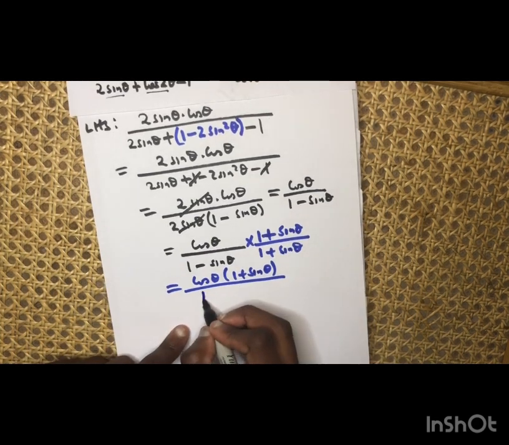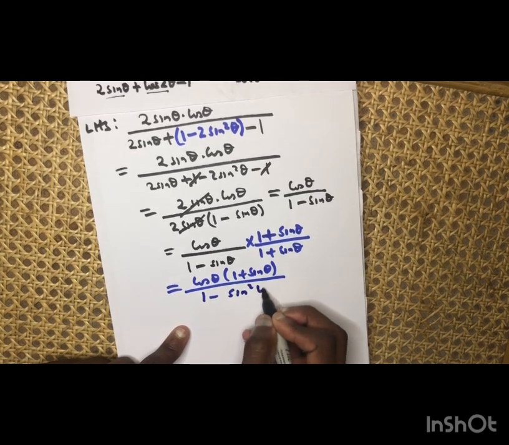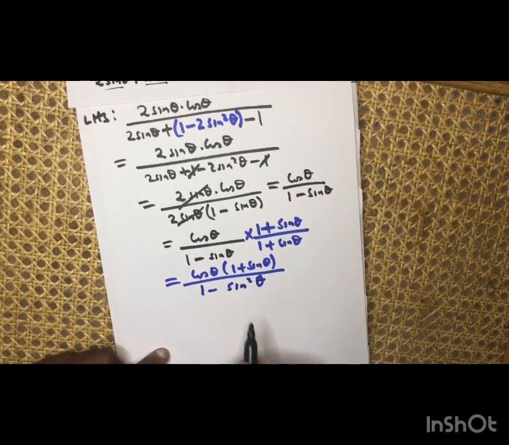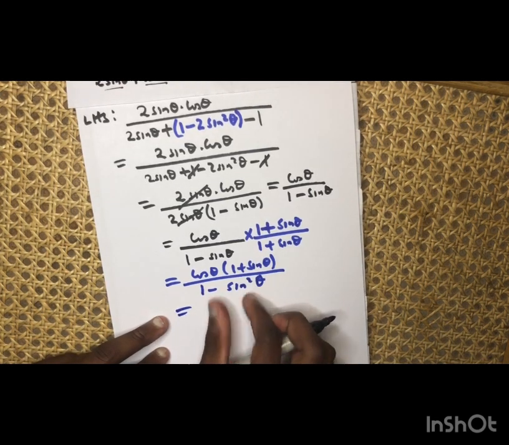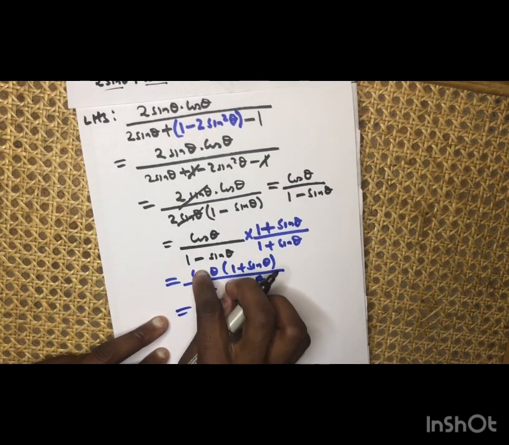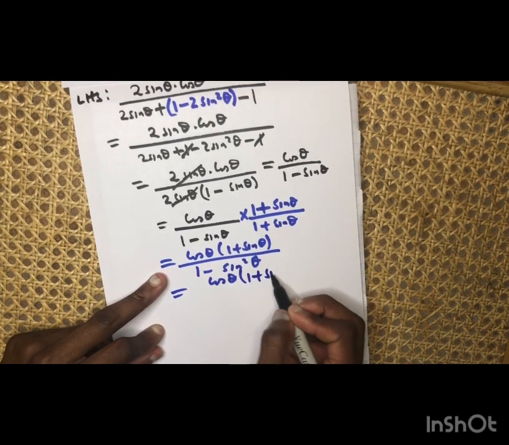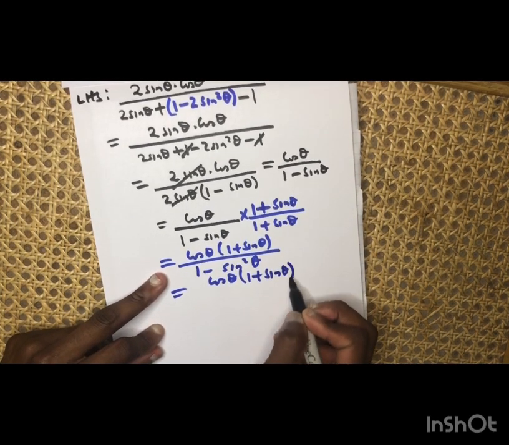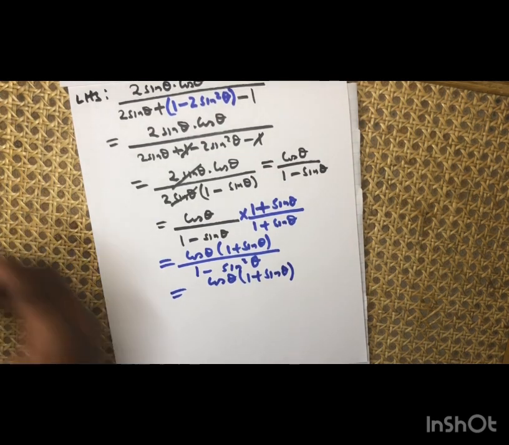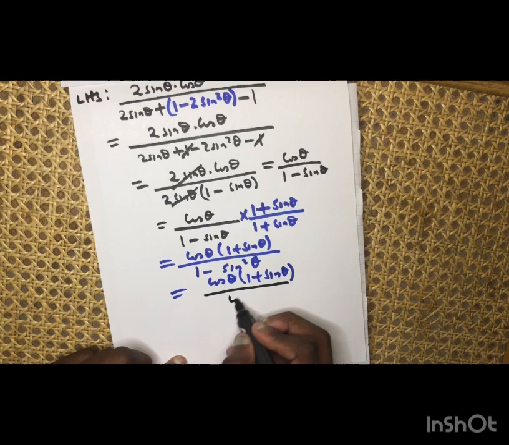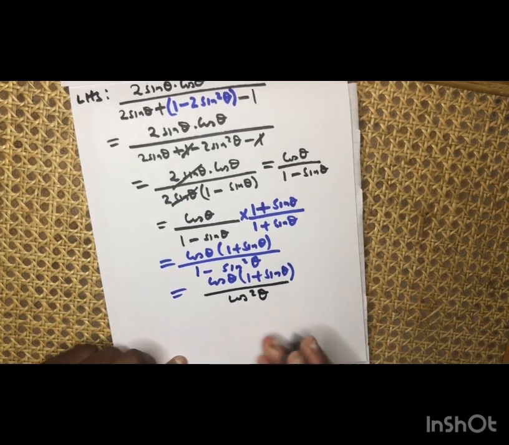So it's going to give you 1 minus sine squared theta. You can expand it aside. So this is your identity now, good people. Then we drop this cos theta times 1 plus sine theta over, this is your identity, which is cos squared theta.